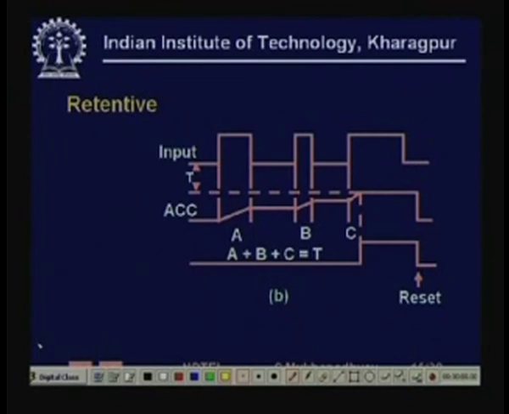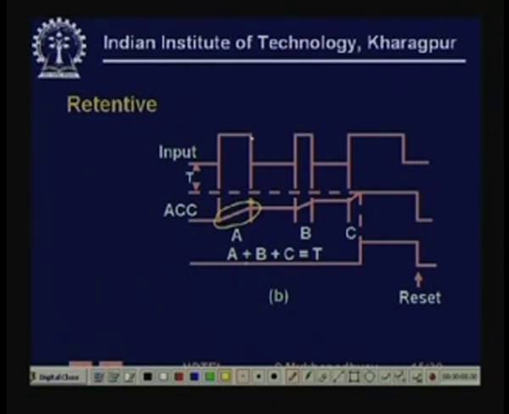Contrasted to this there is a retentive timer, and note the difference here. Here also the input goes 1 and after some time it comes down, so the timing register value came up to this, it did not cross the preset value, so the output is maintained at 0.